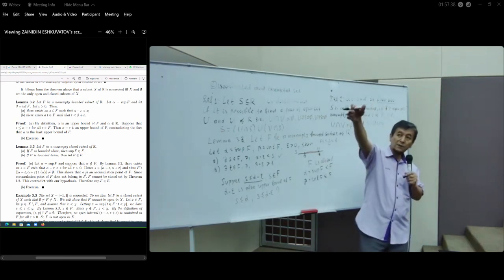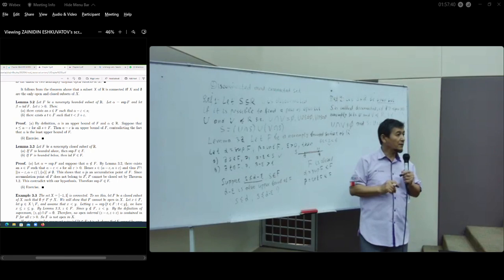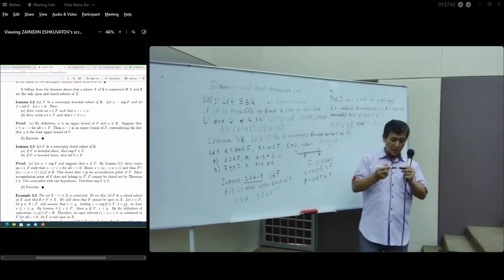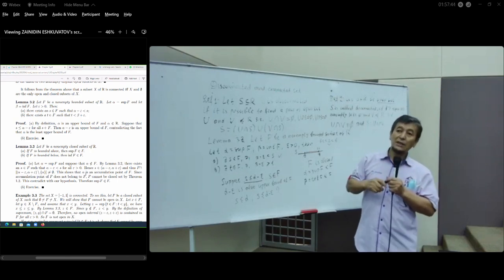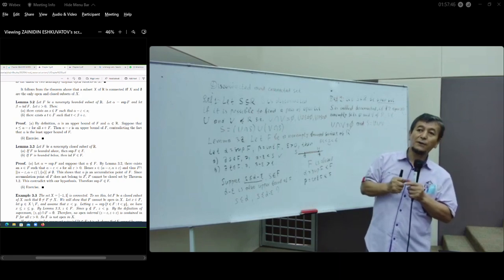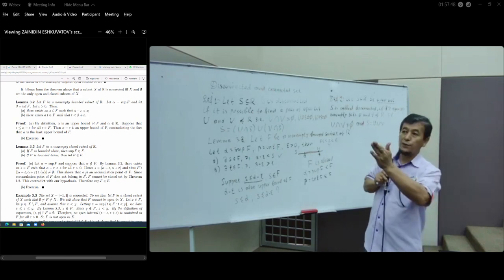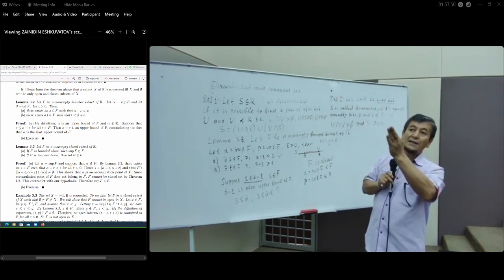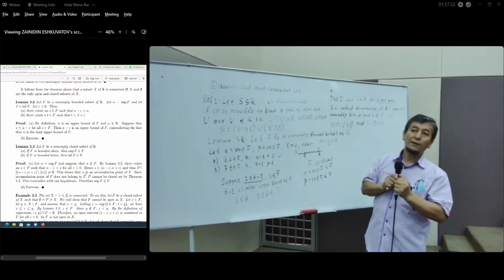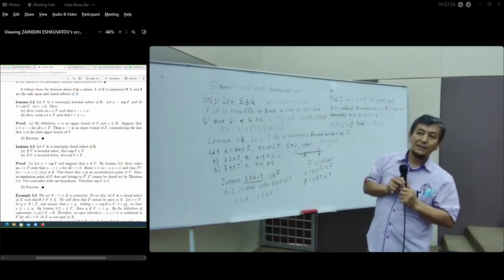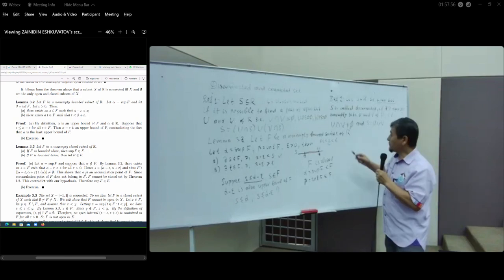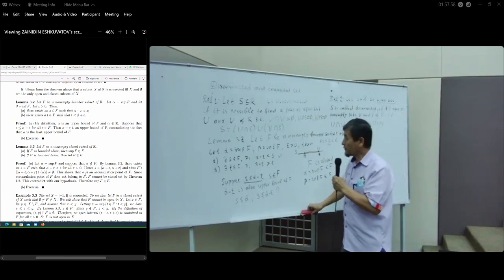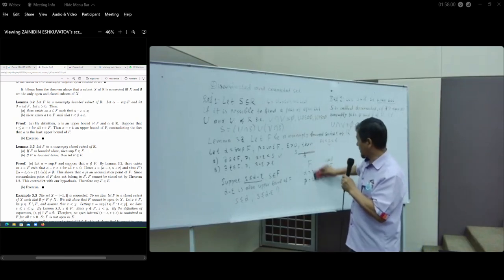I hope that proof is very clear and properly given. So just example 3 and we finish. Almost finishing this one, it's already 10 o'clock. Let X be minus 1, 1, which is connected. Now this example we try to prove properly.